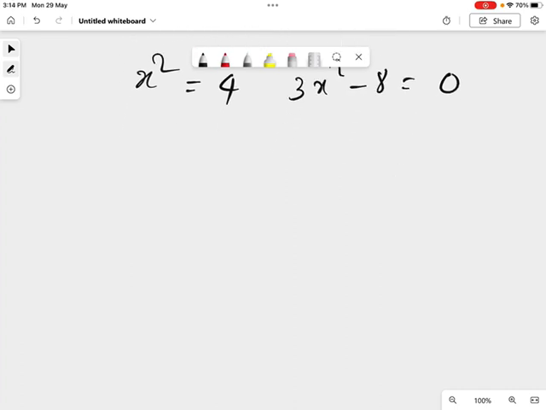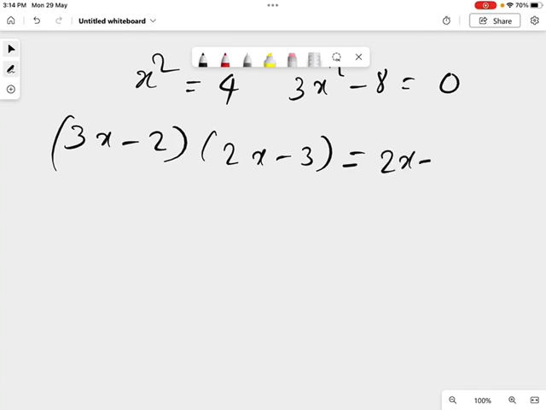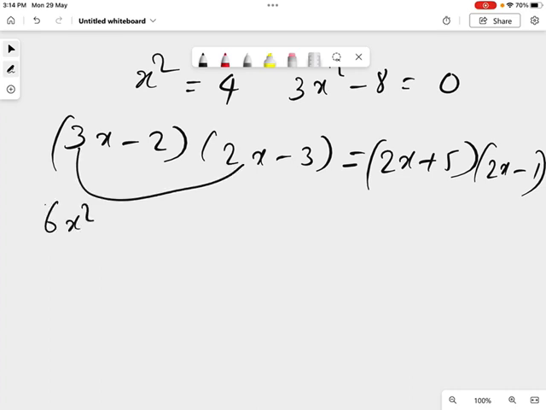Next is how to check whether the given equation is a quadratic equation or not. For example, 3x minus 2 into 2x minus 3 is equal to 2x plus 5 into 2x minus 1. First we simplify this equation. We get 3x into 2x is 6x square, and 3x into minus 3 is minus 9x.